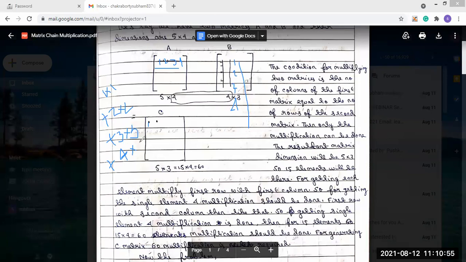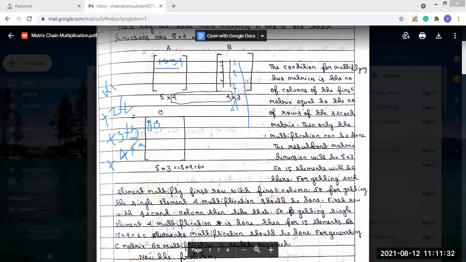So the value is 1 plus 4 plus 9 plus 16. 16 plus 9 is 25, 25 plus 4 is 29, and plus 1 is 30. So we get the value 30. For this single element, how many multiplications were done? 1, 2, 3 and 4. So for finding a single element, we have done 4 multiplications.